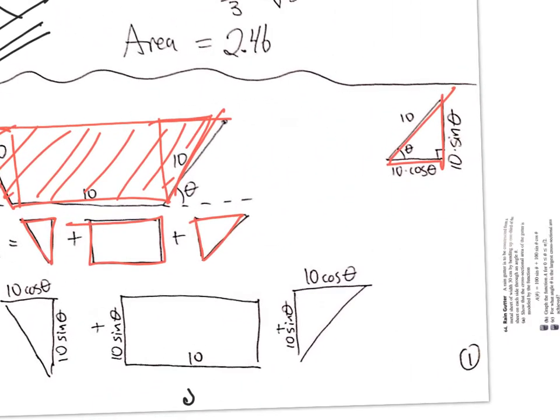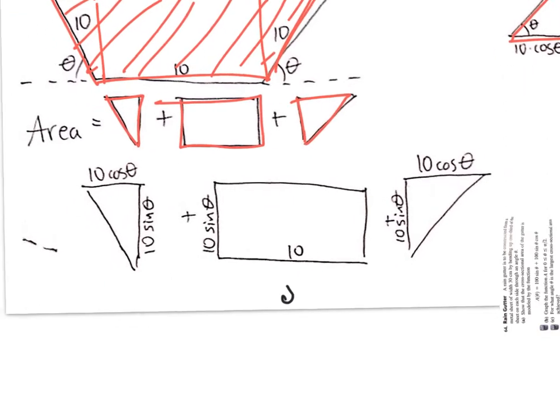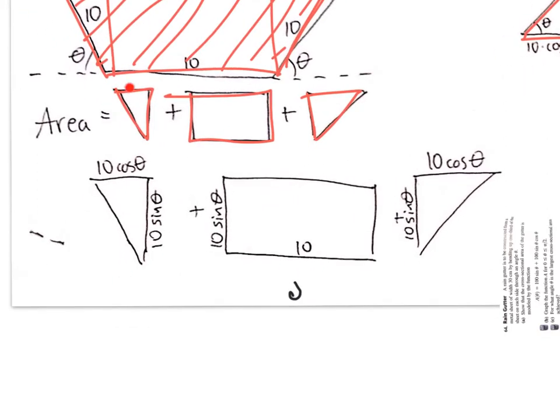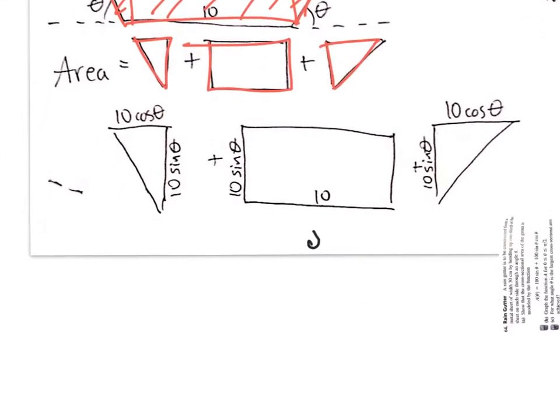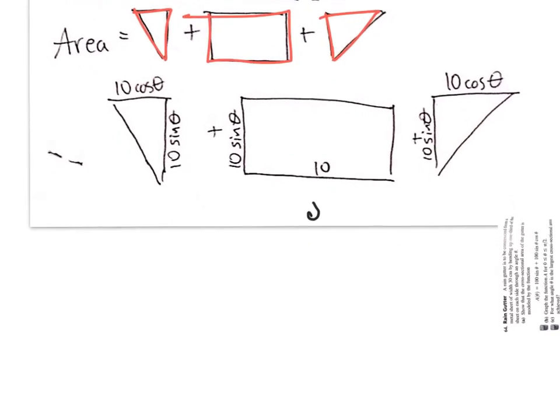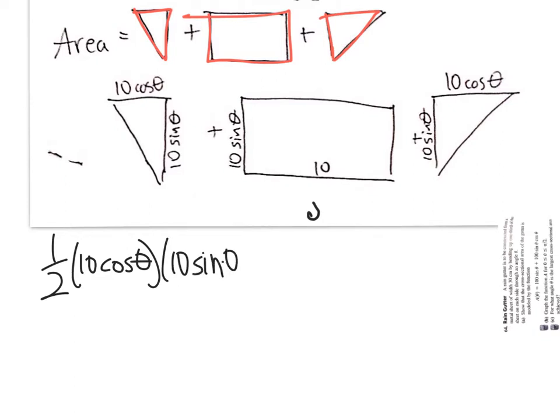So if we use that information, take a look here. I basically filled in the lengths. So when we talk about that area, we're going to have 1/2 base times height, and that's for this, plus length times width.